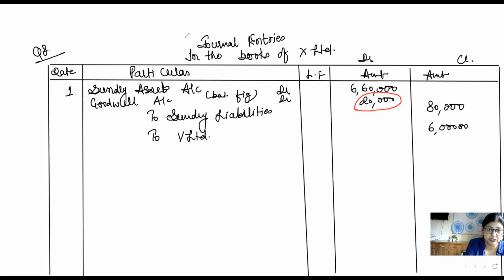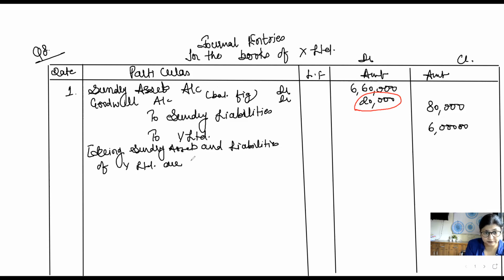The narration is: being sundry assets and liabilities of Y Limited are taken over.